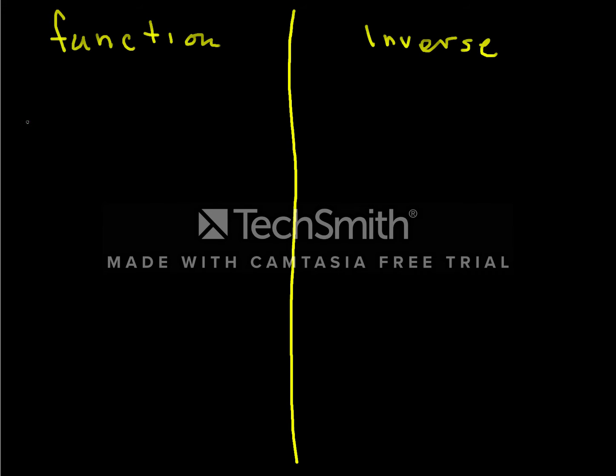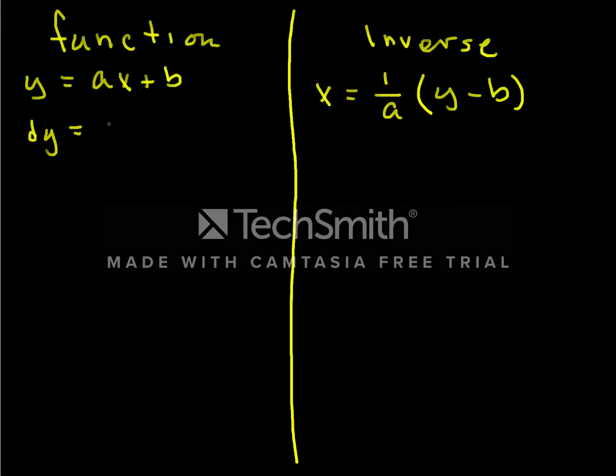So the first function I'll look at is a nice linear one, y equals ax plus b. If I solve for x here, its inverse is x equals 1 over a times y minus b. So differentiating here, dy is equal to d of ax plus b. The differential distributes across, and the derivative of b is 0.